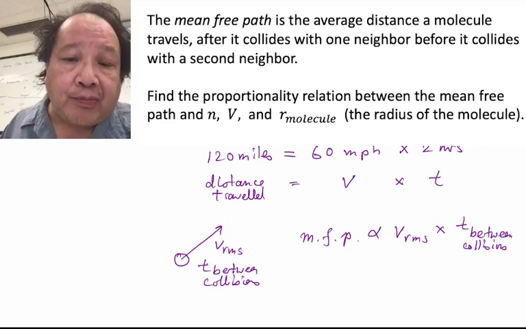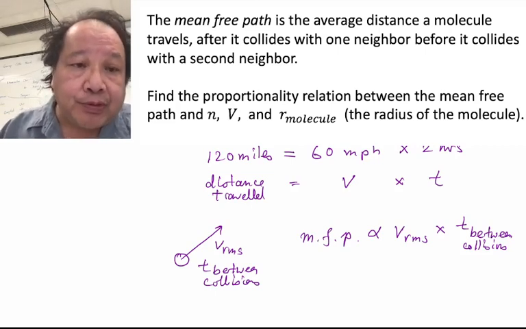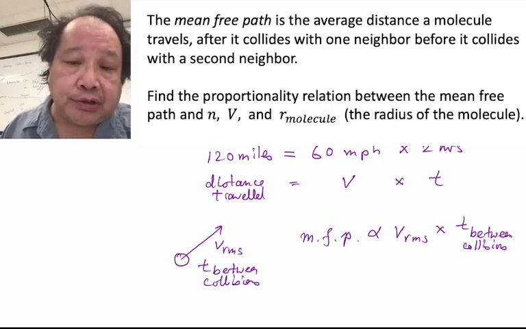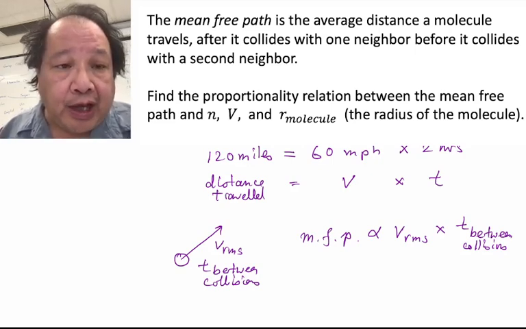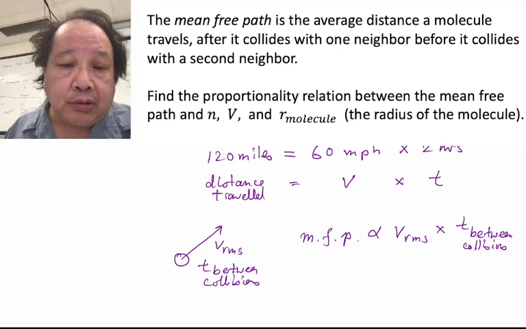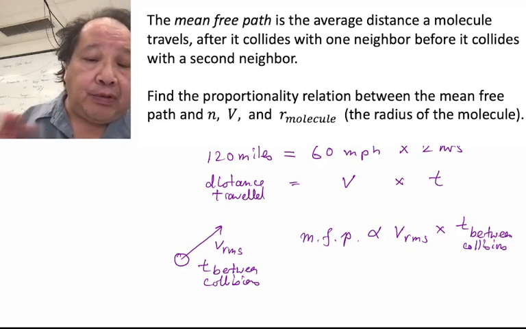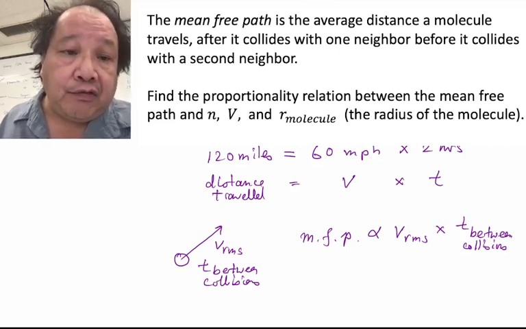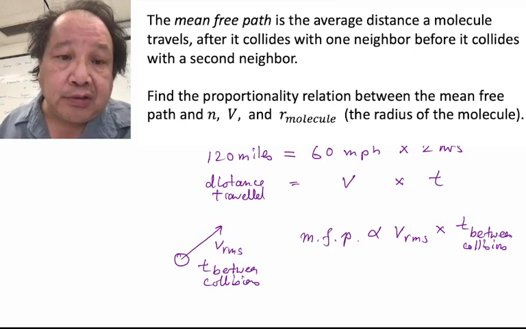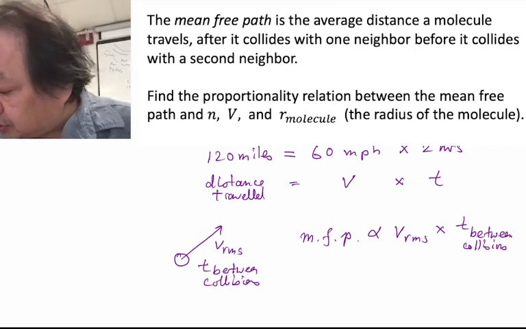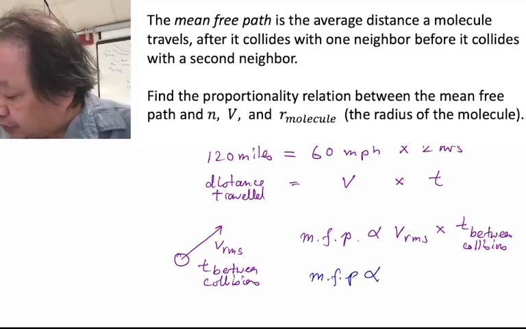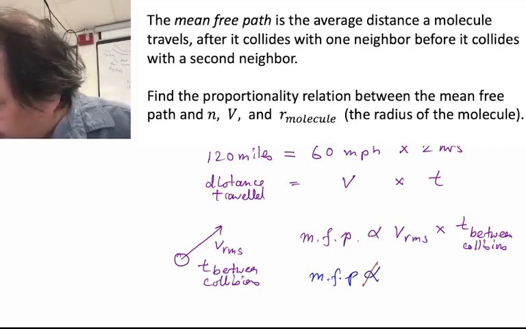Doubling v RMS halves t between collisions, and 2 times 1/2 is 1. So doubling v RMS has a factor of 1 change on MFP, which is to say v RMS does not affect MFP. Amazing conclusion. MFP is not proportional. It does not change as v RMS changes.